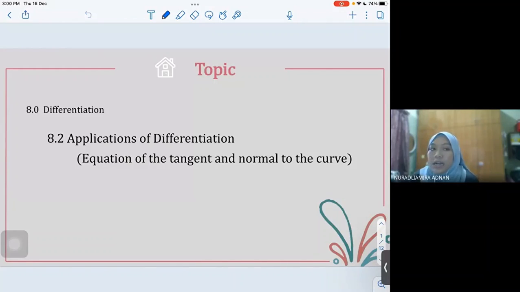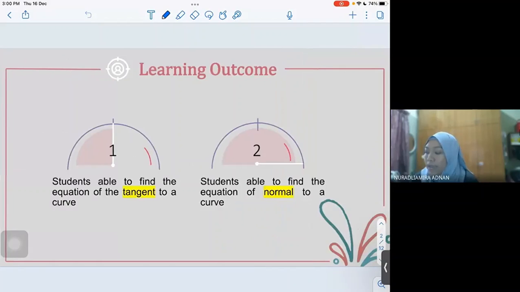So today we are going to learn about the equation of the tangent and normal to the curve. At the end of our class today, we are going to find the equation of the tangent to a curve and the equation of a normal to a curve. You may use the chat box to communicate with me.